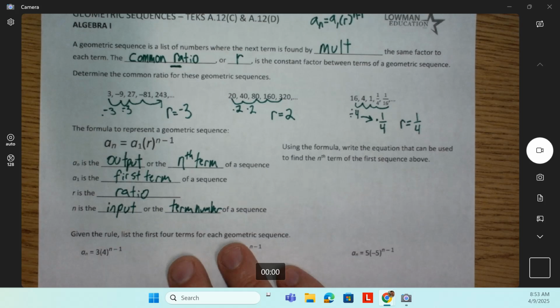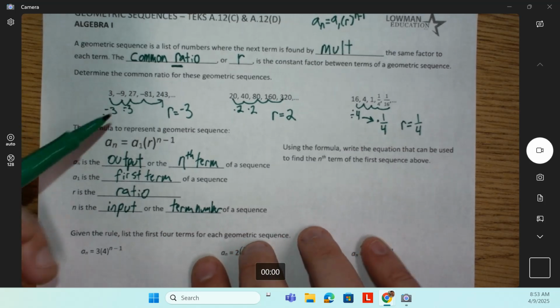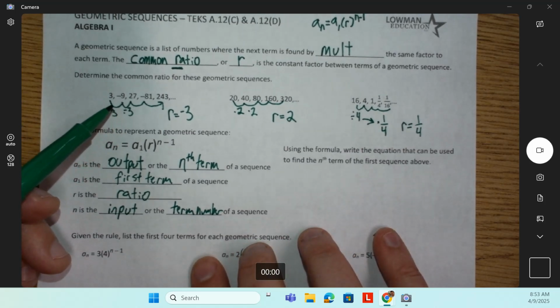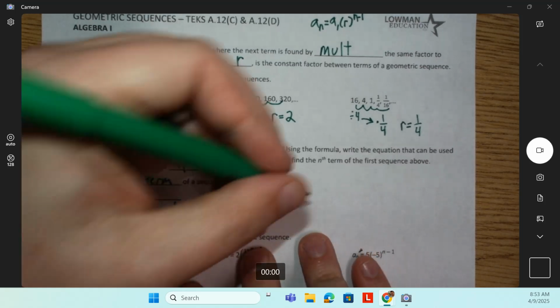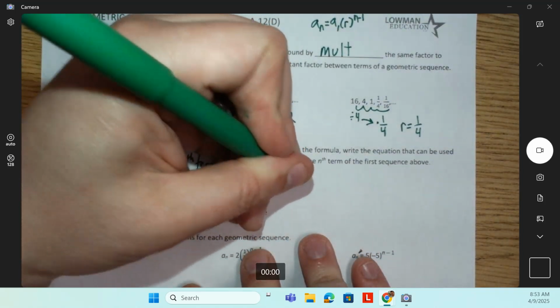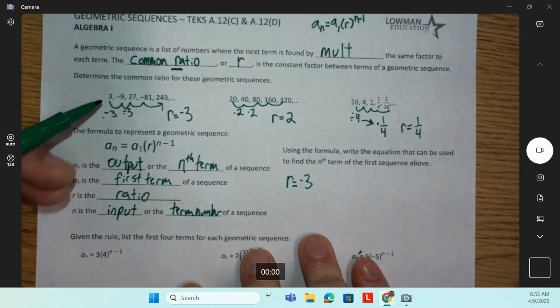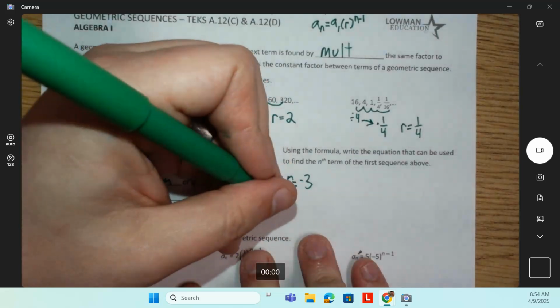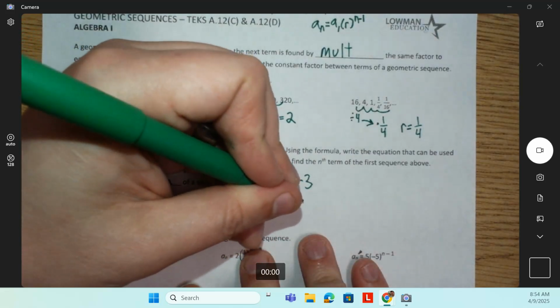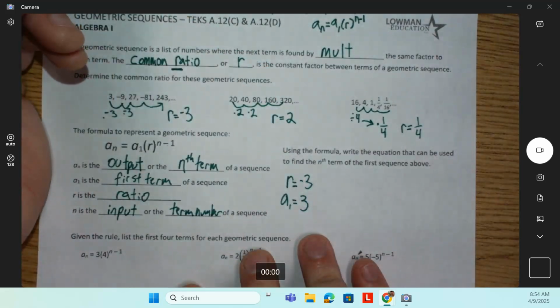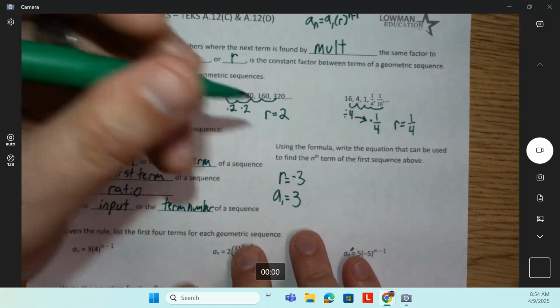So using the formula, write an equation that can be used to find the nth term of the first sequence above. Looking at this, we already know the r value is -3. The first term in the sequence is 3. So a_1 is 3. And those are really the only two numbers I have to have.